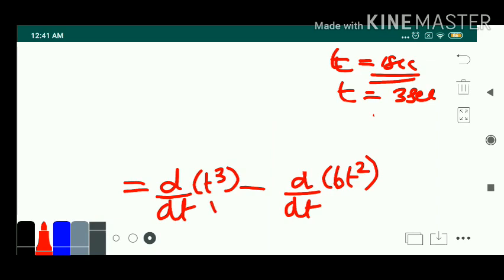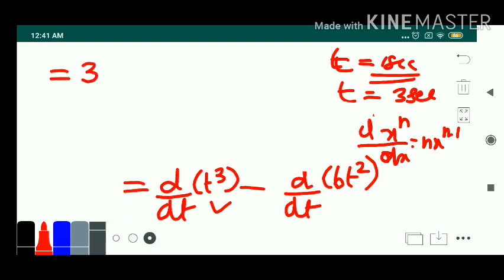So for this term, just like d of x raised to n by dx is n into x raised to n minus 1. So n here is 3, so 3, x is t, right? n minus 1 is 3 minus 1, that is 2, minus, there is a constant term here. The constant term cannot be differentiated, it is brought out, that is 6.